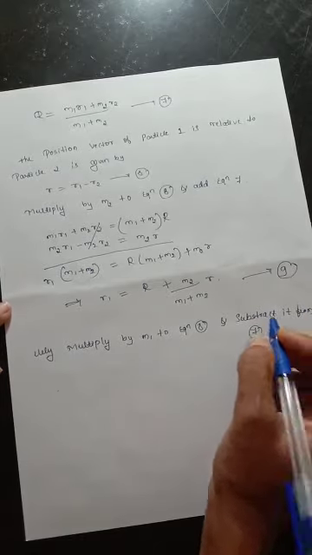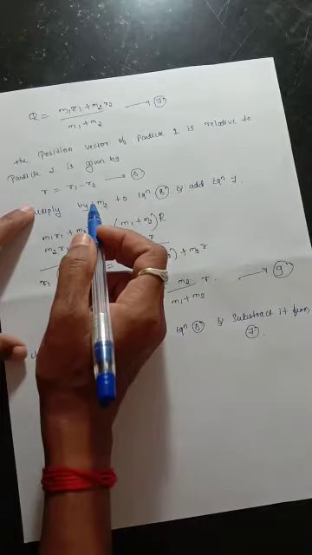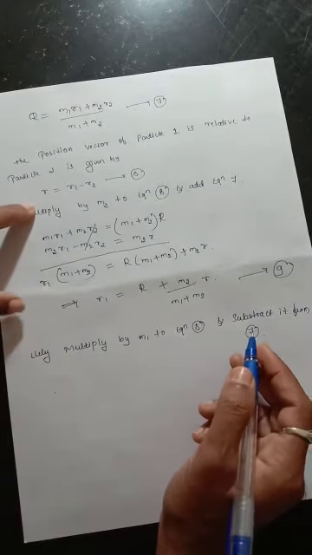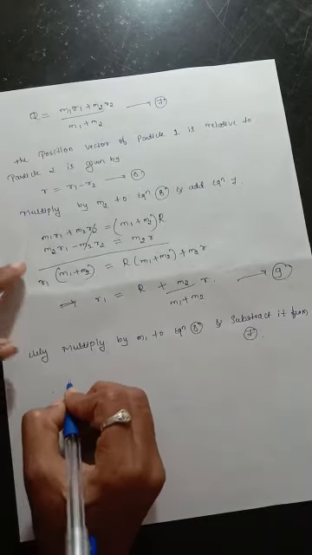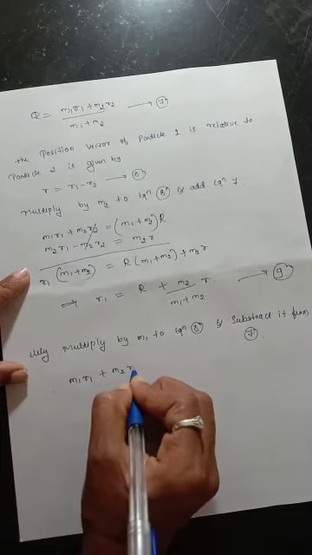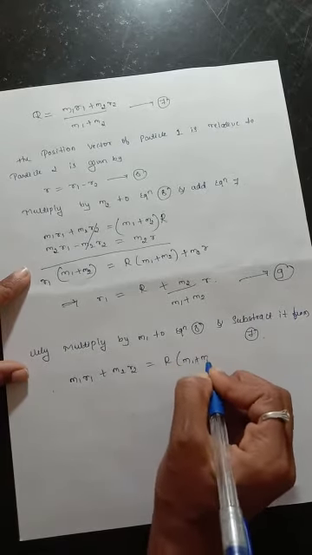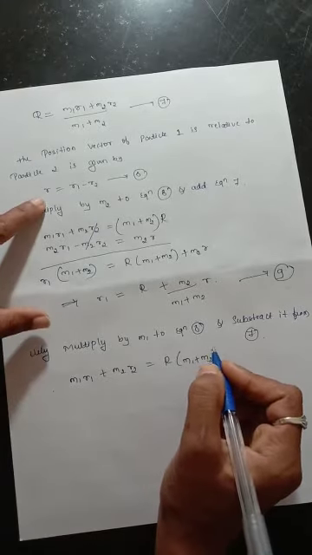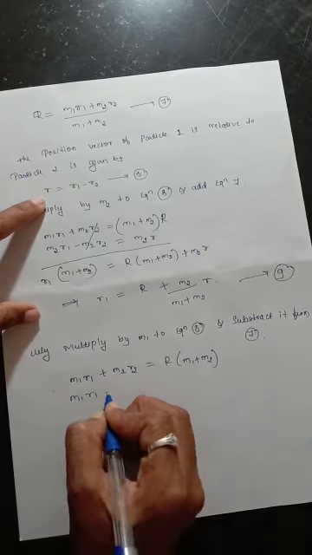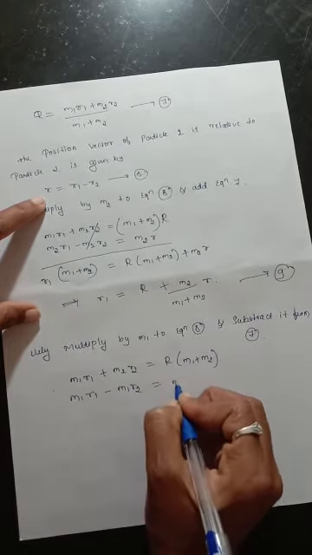See here, equation 8 is r equals r1 minus r2. So multiply it by m1 and subtract it from 7. Equation 7 is m1 r1 plus m2 r2 equals capital R times m1 plus m2. This is equation 7. Next, multiply 8 by m1: m1 r1 minus m1 r2 equals m1 r.